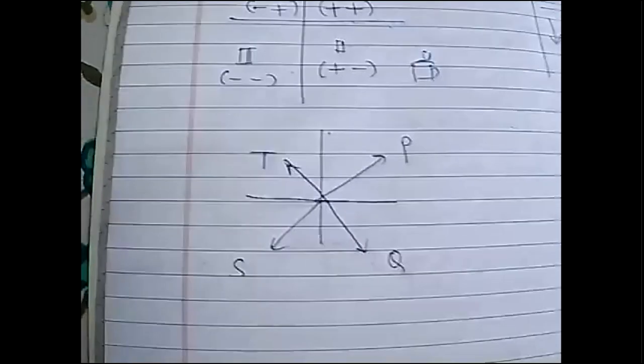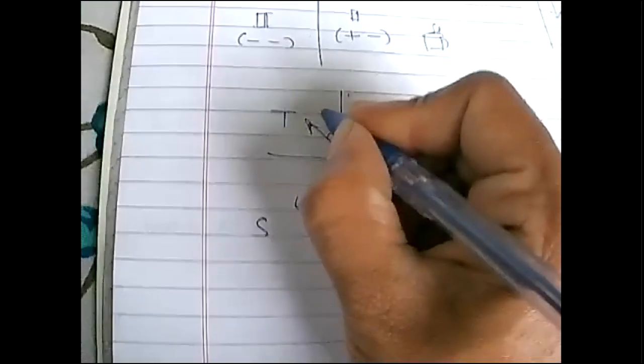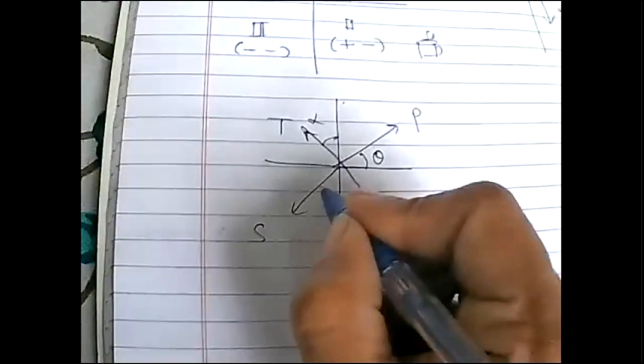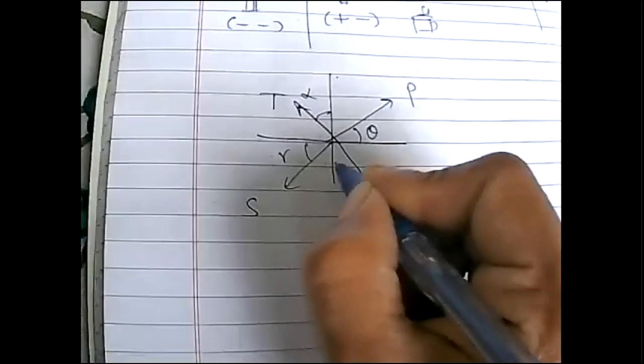So this is P, Q, S, T. I'm avoiding R because, as you must be knowing, a resultant is also there and we denote it by R. To avoid confusion, I haven't taken it as R. So theta is here, here I'll take alpha, here gamma, here beta. Purposefully, I have taken a few inclinations with horizontal and with vertical. So we are supposed to remember it.